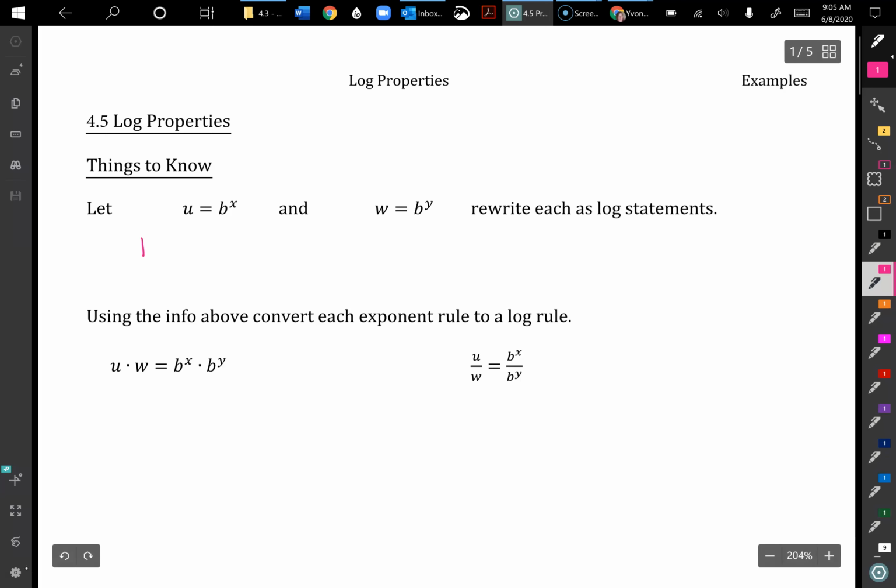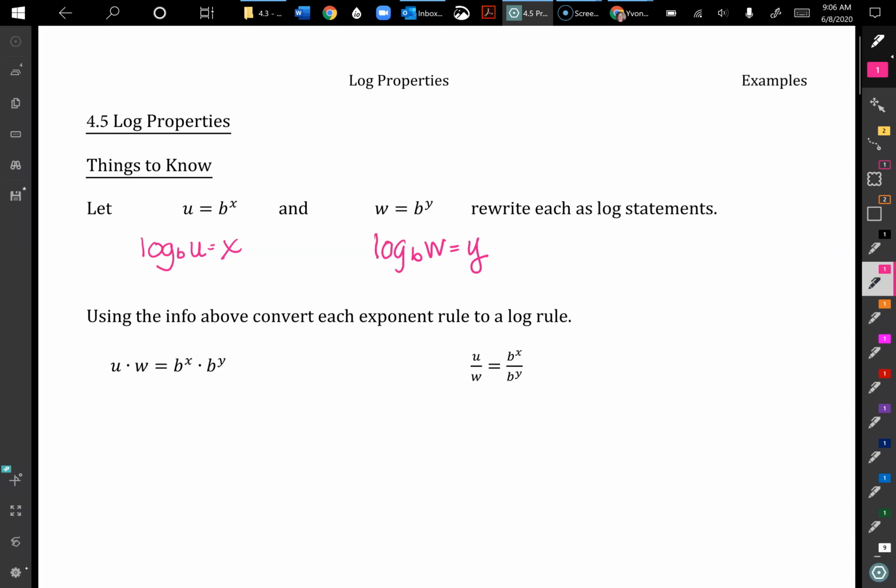So we would have log base b of our result, which is U, equals our exponent. Then do the same here for W equals b to the y. So we would have log base b of W equals our exponent y.